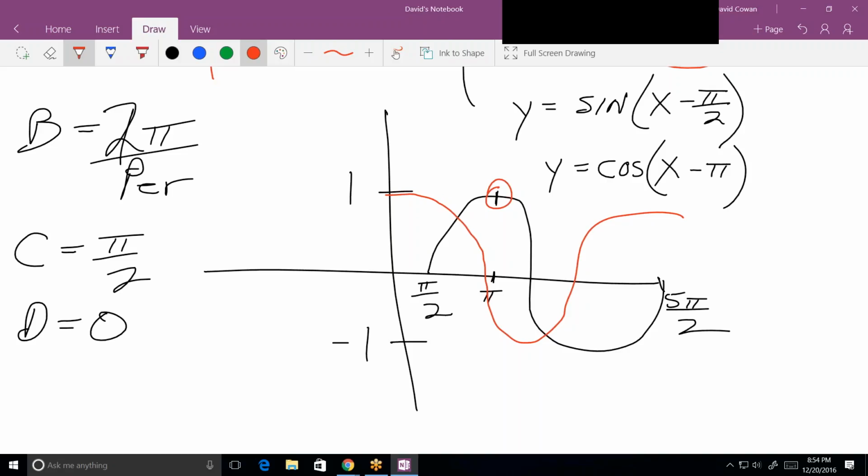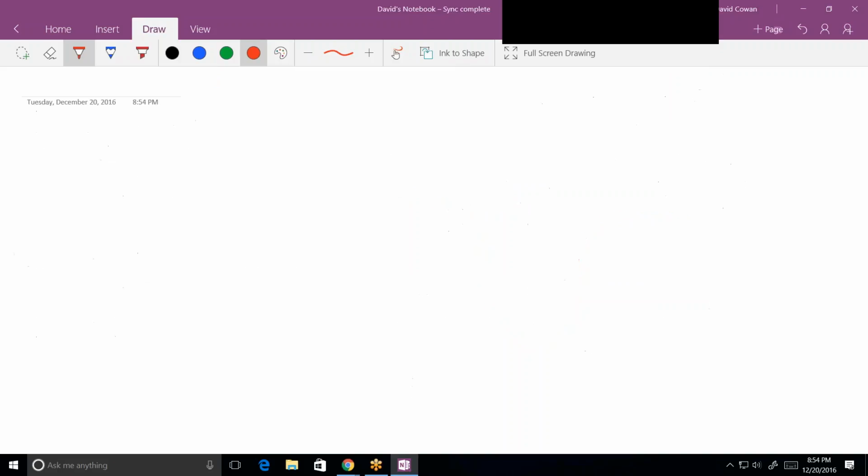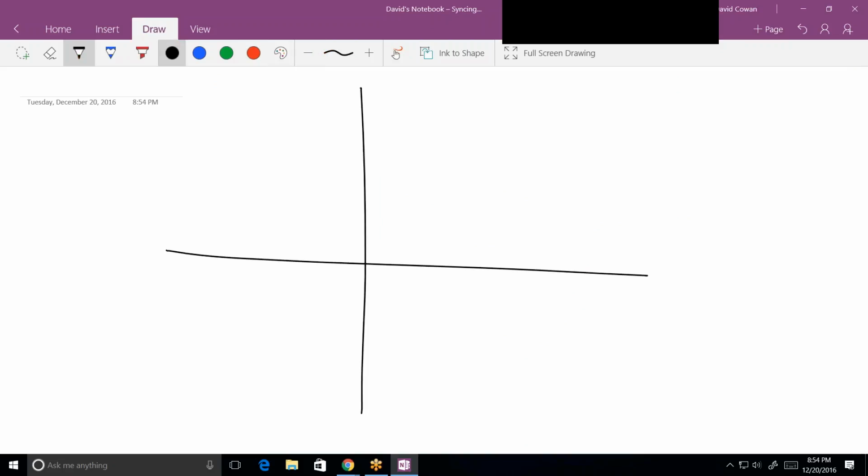So any curve that you can call sine, well, you can also call cosine with just a different phase shift. The only difference between sine and cosine, if you'll notice the two curves, I'll draw them on top of one another. I'm going to draw a sine curve, and then I'm going to draw a cosine curve.